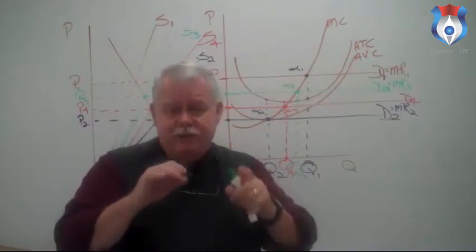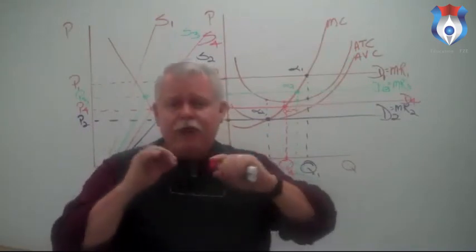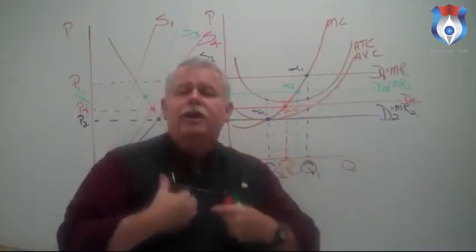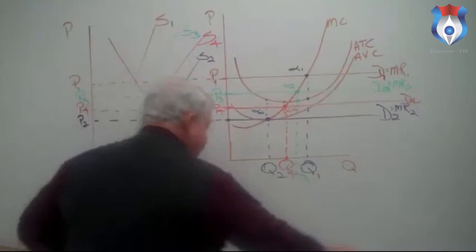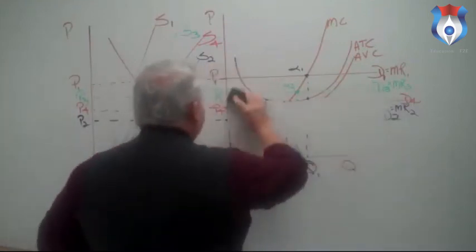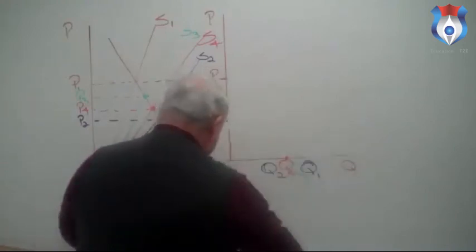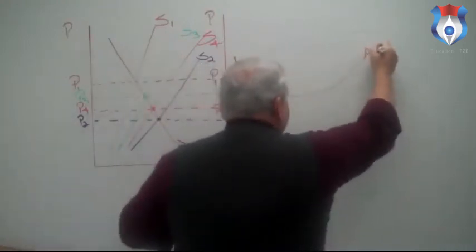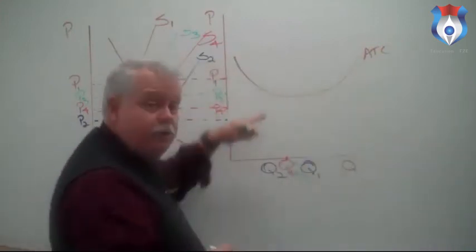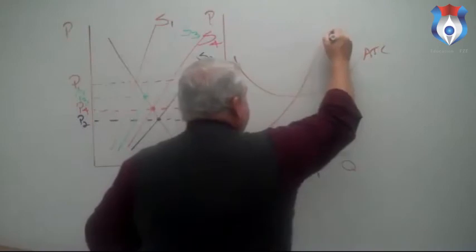Let's ask, if that's the way it's played in the short run, how does it stabilize out? Where does it move to in a long-run equilibrium? And I'm going to draw it very quickly. Eventually, wherever that average total cost curve was, remember the demand curve is moving up and down, remember, the marginal cost curve is here.